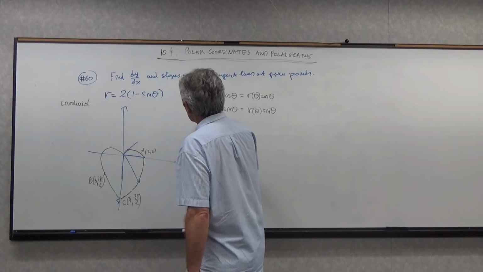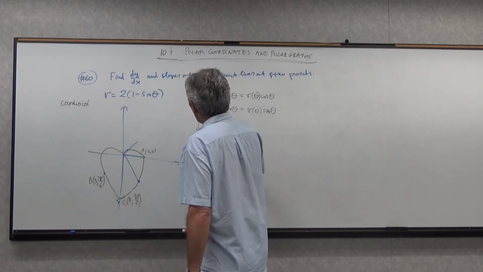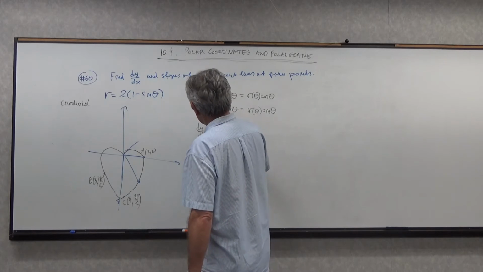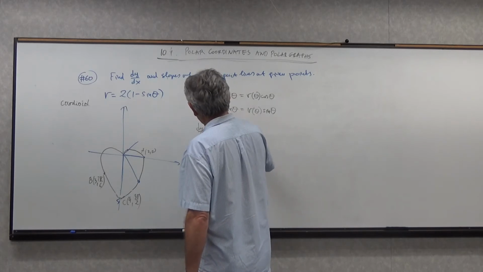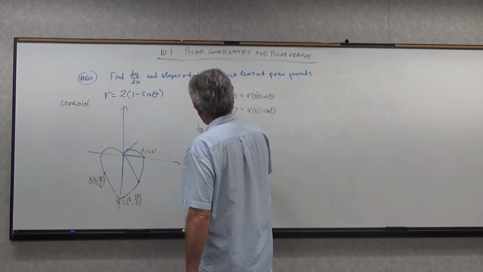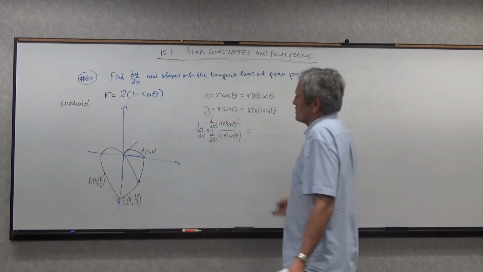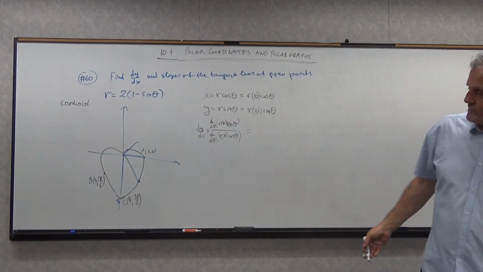The dy over dx equals, what would that be? d over d theta of r of theta sine theta, and on the bottom, d over d theta of r of theta cosine theta. And then I just use the product rule, and that's the formula from your book.